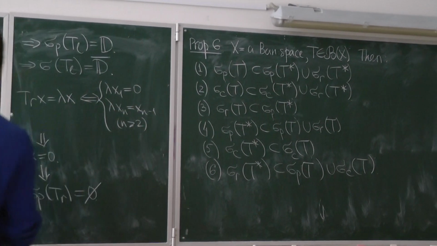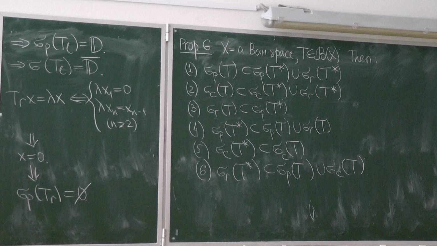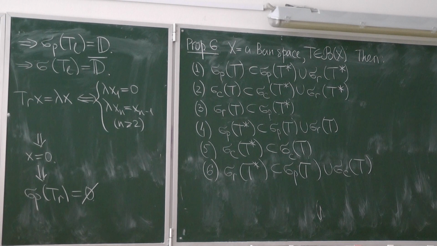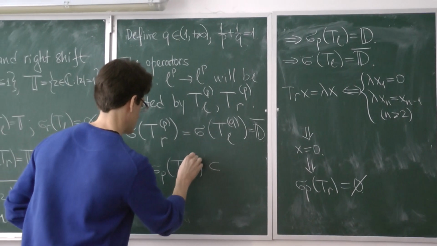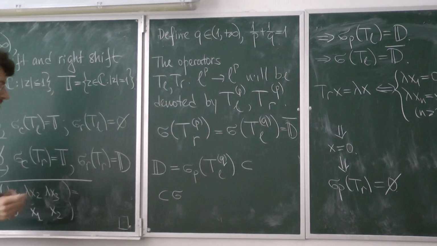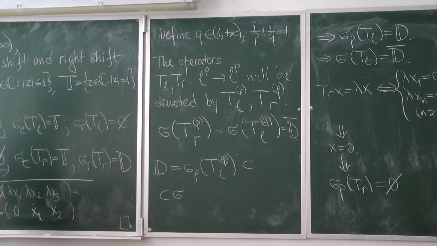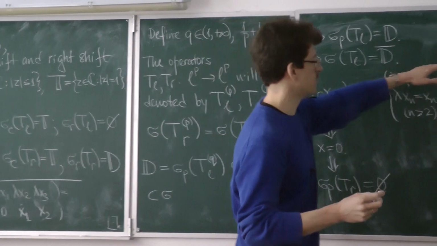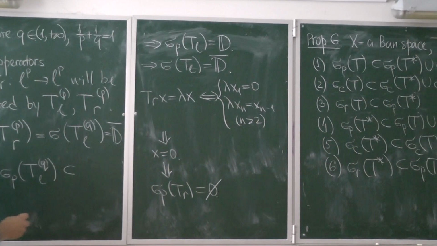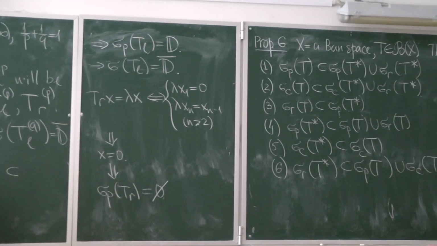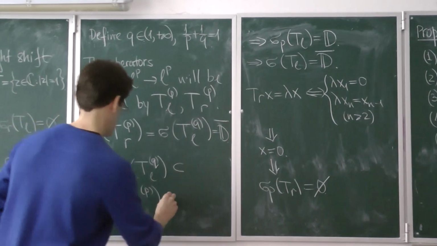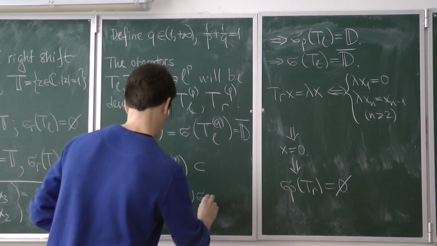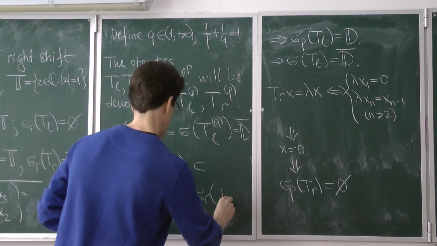So this is contained in the union of the point spectrum of the right shift operator. Well, maybe it's better to take LQ here. This is not essential, but let's take the operator on LQ. So by part 1 here, this is contained in the union of the point spectrum of the right shift on LP and the residual spectrum of the right shift on LP.